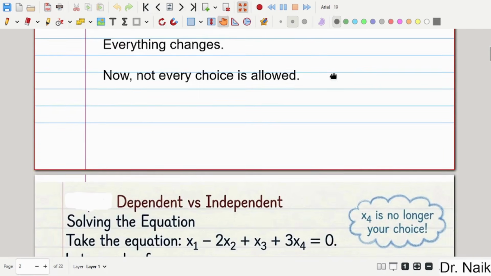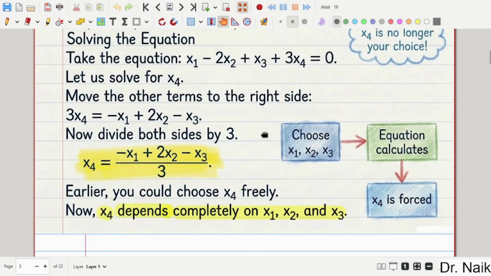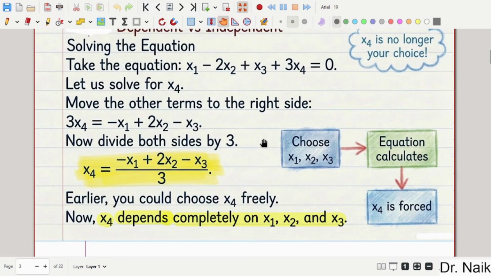Now let us solve the equation for x4. So 3x4 is equal to minus x1 plus 2x2 minus x3. Now divide both sides by 3. So x4 is equal to minus x1 plus 2x2 minus x3, divided by 3.